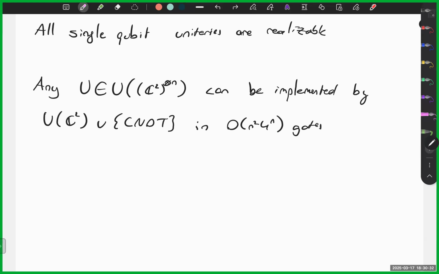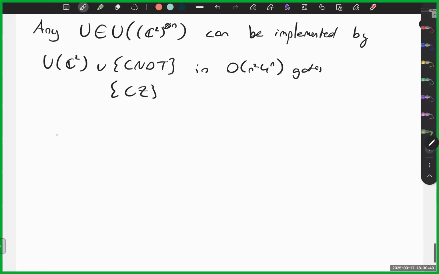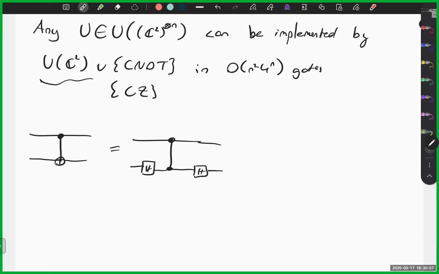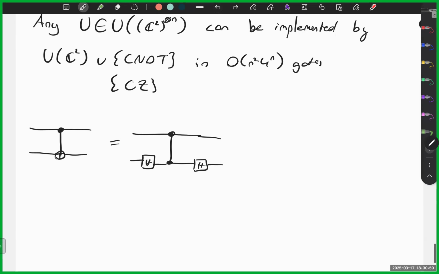But this fact also translates to choosing CZ here, because in the circuit we have the CNOT is equal to the CZ with just H's on the sides of it. So since we also include all single qubit unitaries, just changing CNOT to CZ also satisfies this.